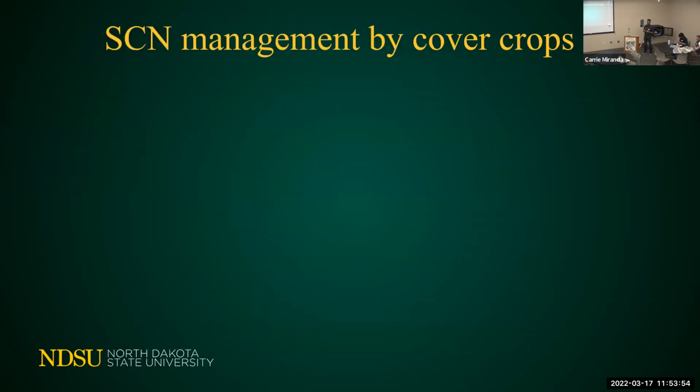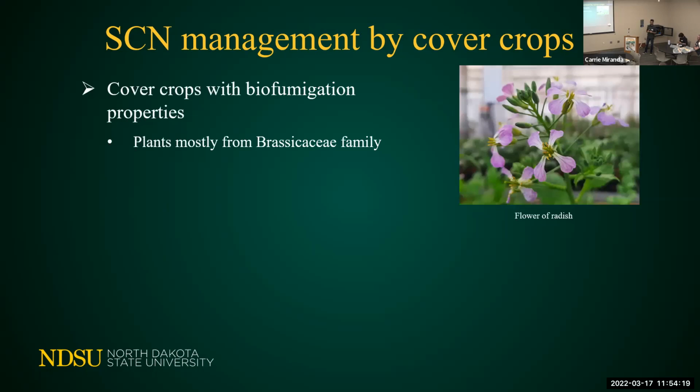There are a lot of strategies to manage soybean cyst nematode in infested fields. Obviously, resistant cultivars are the major strategy, but some research shows that cover crops can effectively control soybean cyst nematode in the infested field. There are 3 strategies believed to control it, and one of them is biofumigation.